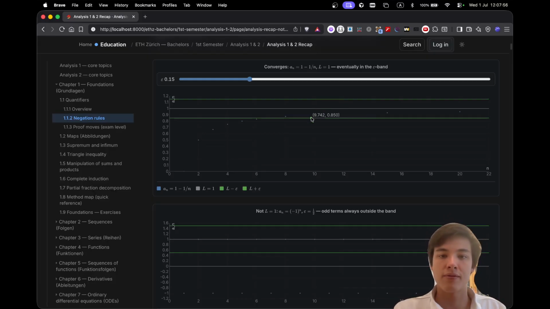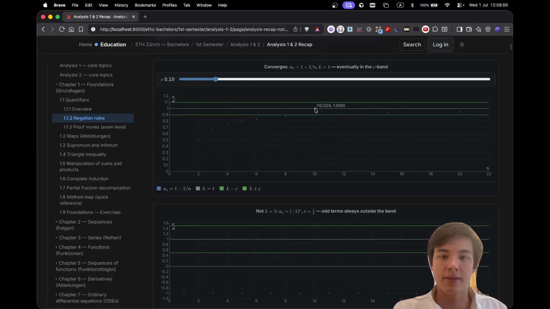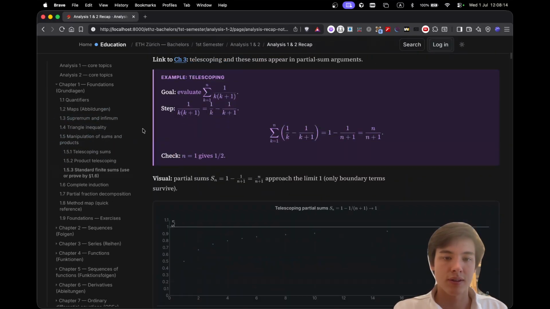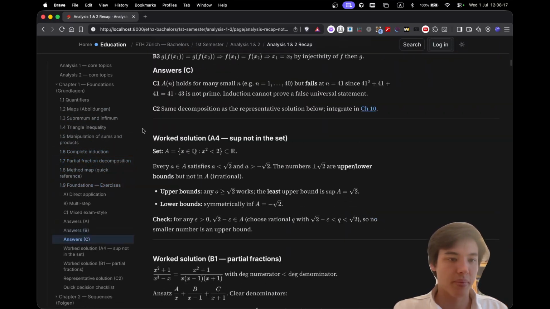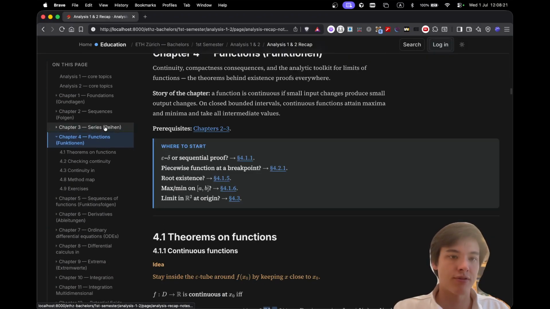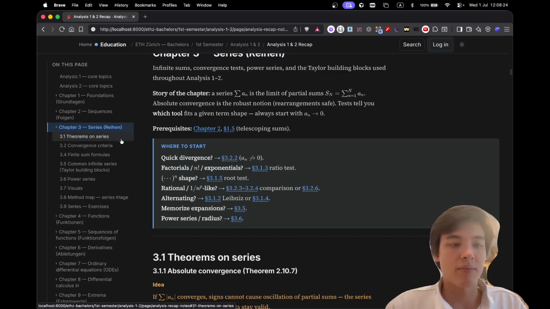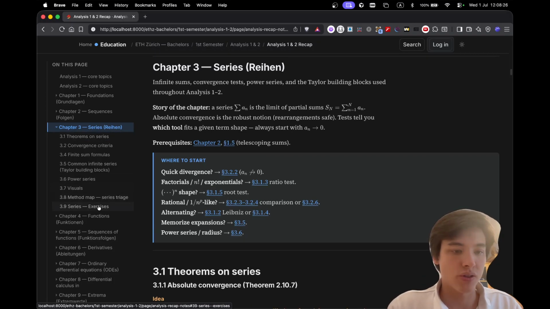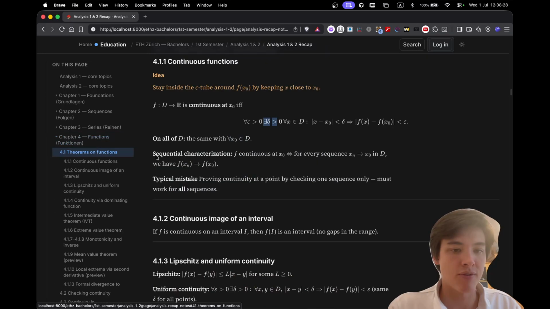Then if it's really small, we can find an x where it will be between this. Well, it's not the best example. Hopefully you get what I mean. Probably not if you've heard it for the first time. It's more like a recap. I'm also using this as a recap for myself.